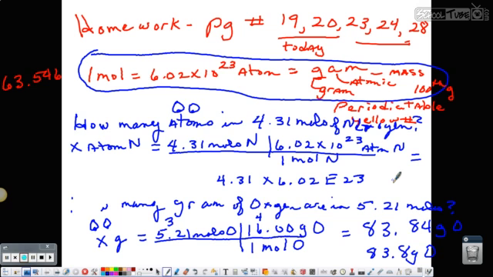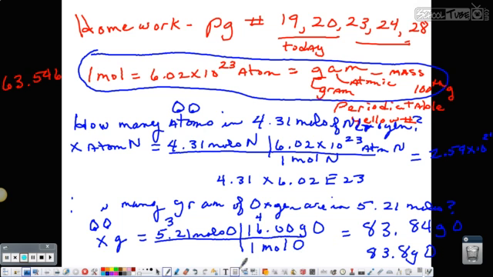So 4.31 times 6.02, second comma on my calculator, 23. And I'm going to get an answer of, to 3 significant figures, 2.59 times 10 to the 24th.